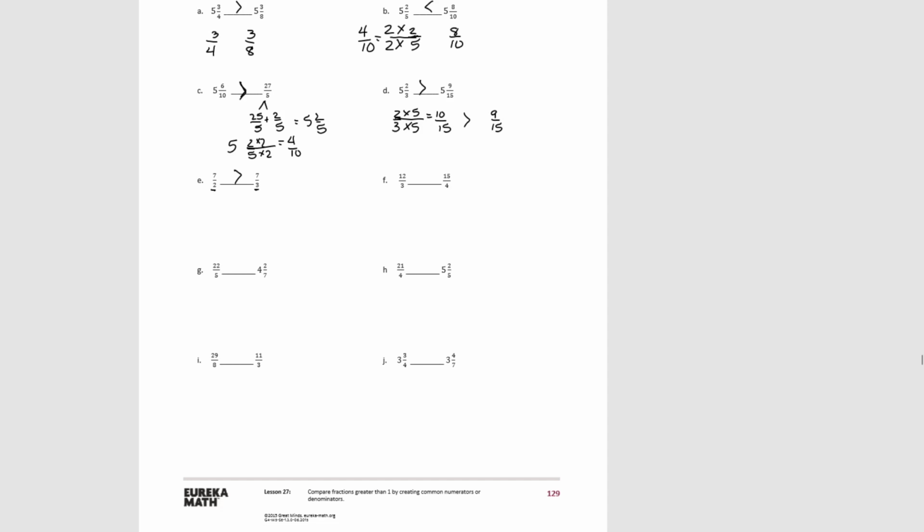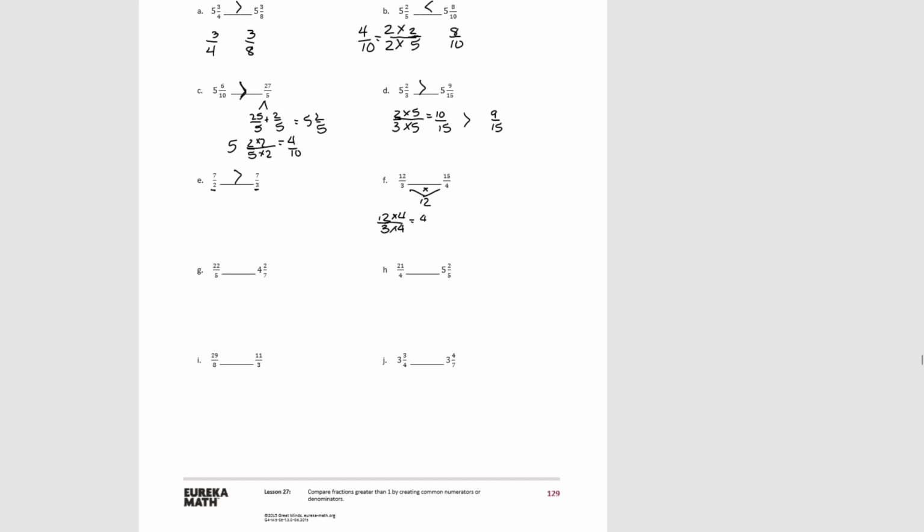Try F. For F, neither our numerators nor denominators are the same, and the denominators are not related, so we're going to need to find a common denominator by multiplying. So 12/3 would be multiplied by 4 to get to 12ths.